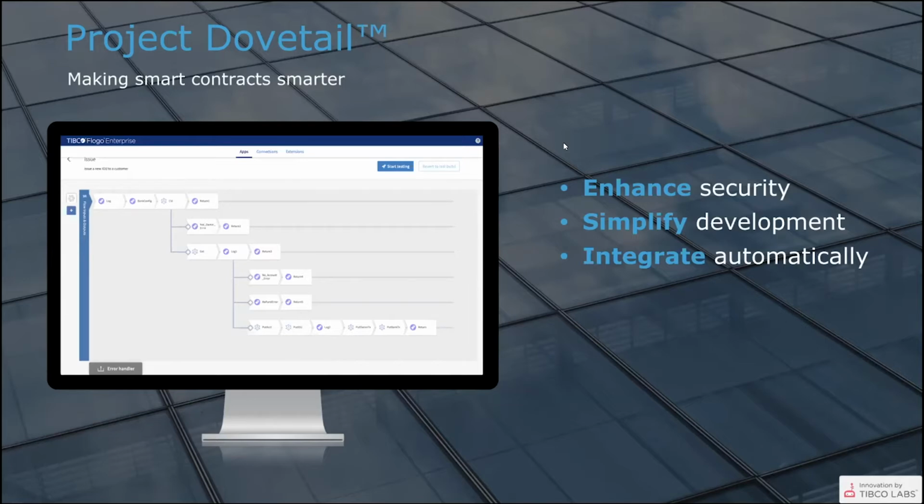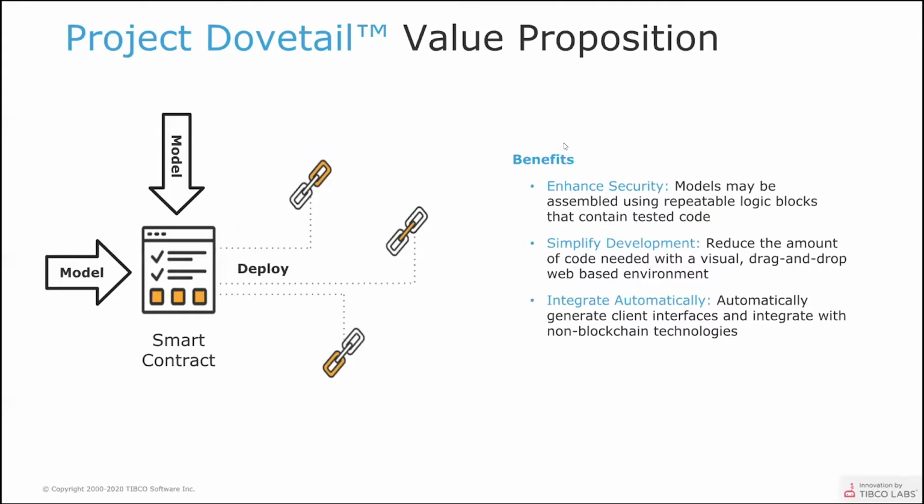We're trying to simplify the development by having a UI that allows you to model your smart contract logic in a simpler way, and also expose that as an API, and that will enable you to expose your smart contract as if it was a normal REST API, for instance.